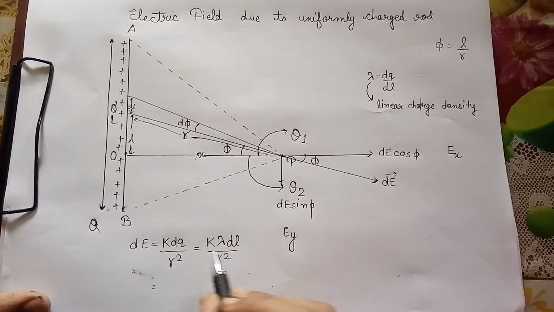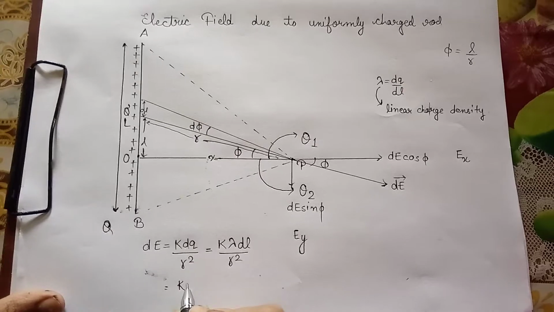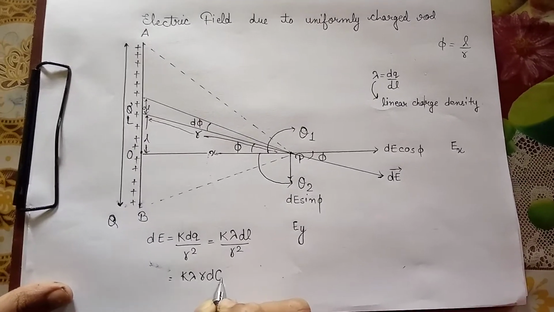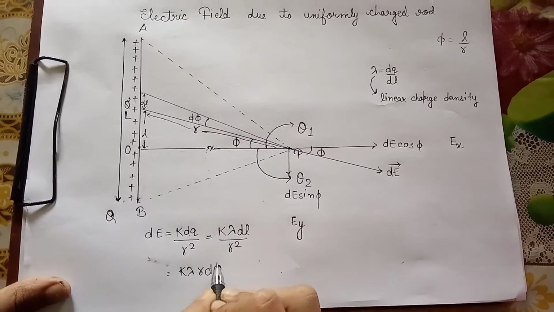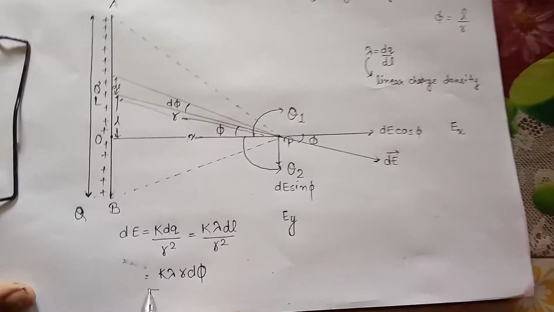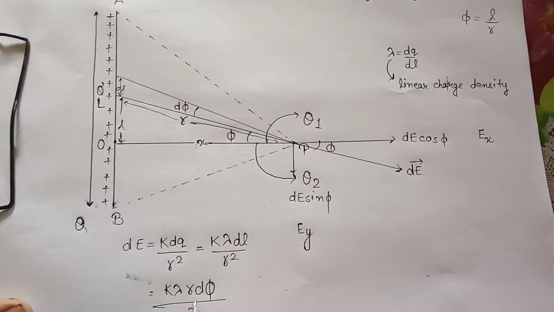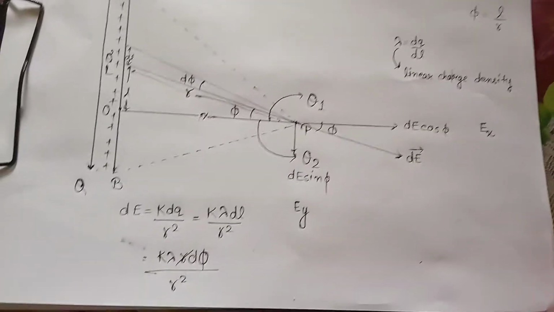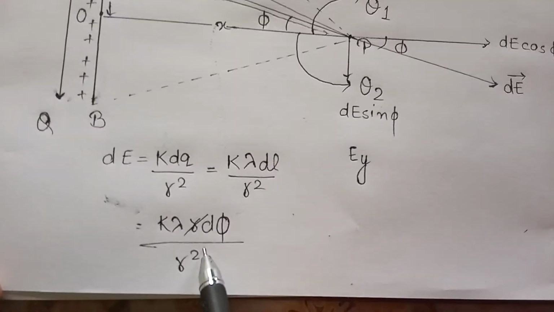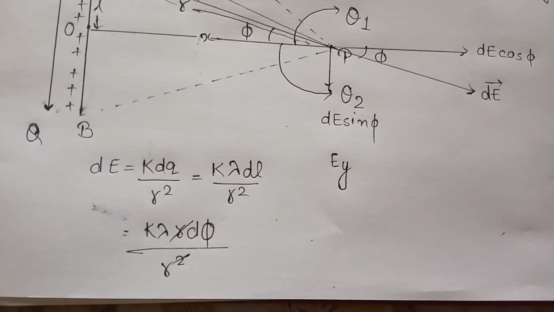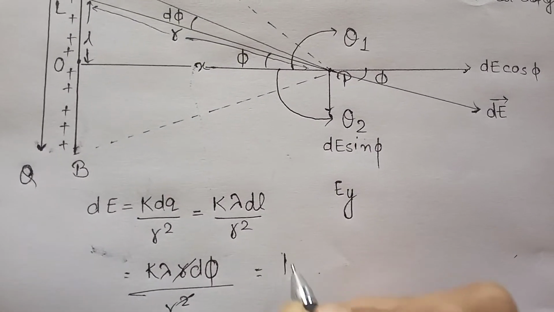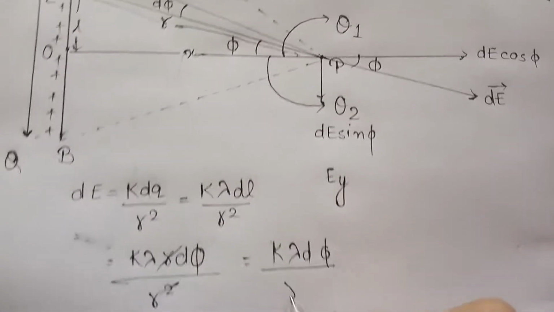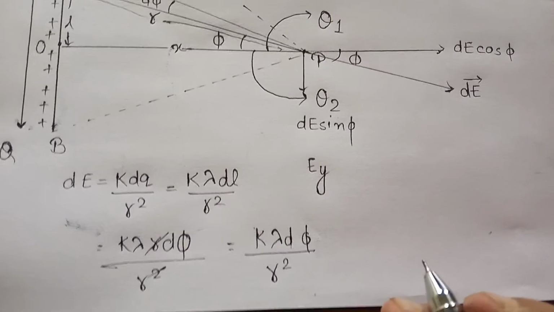So let's break this dl into r d phi, because the angle is phi, giving k lambda r d phi upon r square, where one r will be cancelled out with this r, so this will be k lambda d phi upon r.